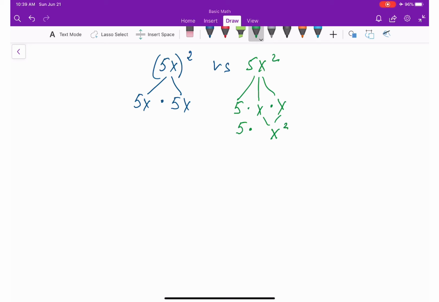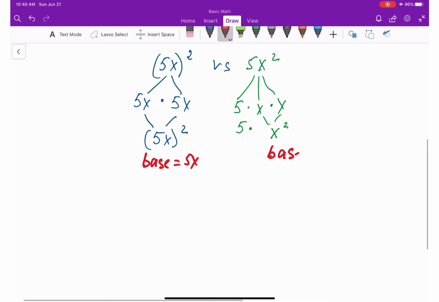That's where it's coming from. In this case, we are just getting 5x times 5x, which is 5x to power 2. So the base for this case is 5x. Here the base is x.